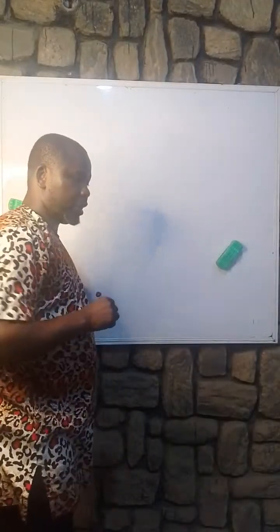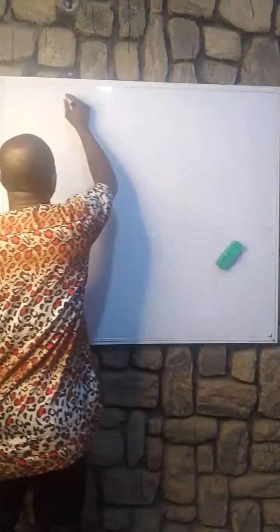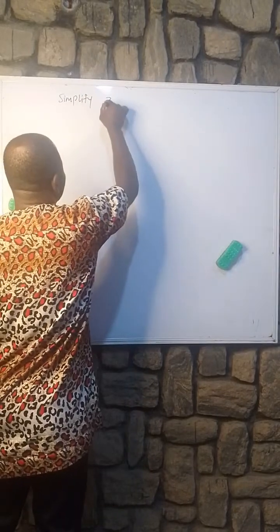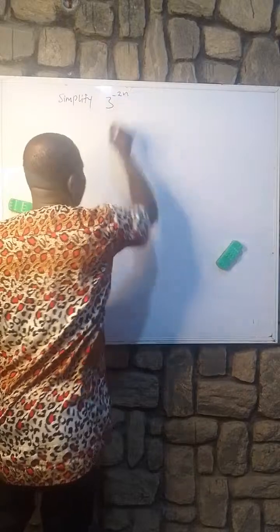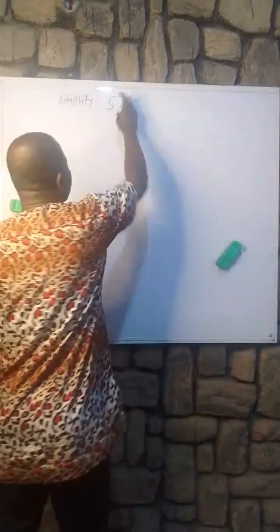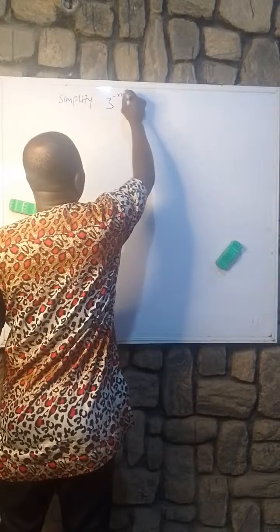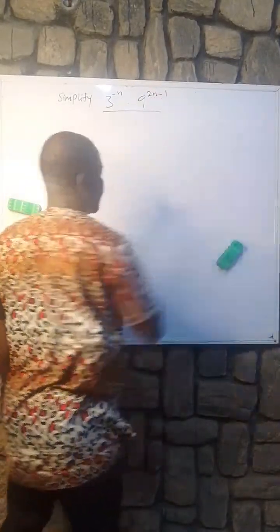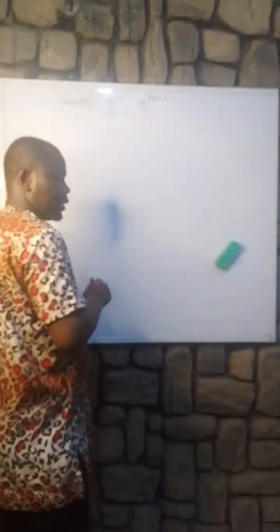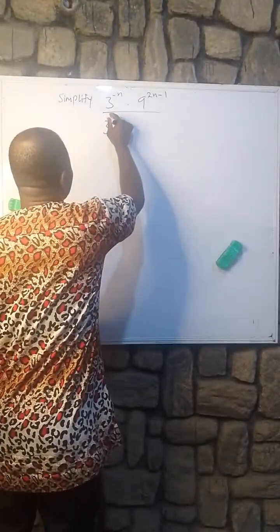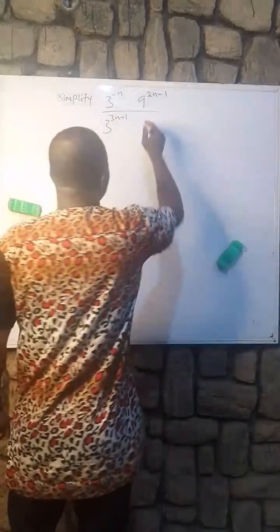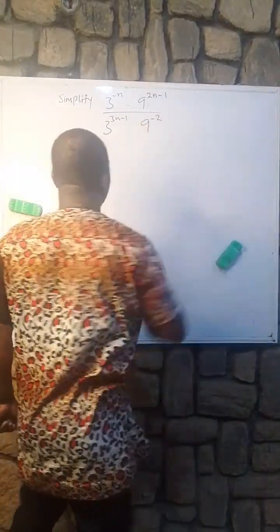One of the problems here says: simplify 3 raised to the power of minus n times 9 raised to the power of 2n minus 1, all over 3 raised to the power of 3n minus 1 times 9 raised to the power of 2. It is as simple as ABC.